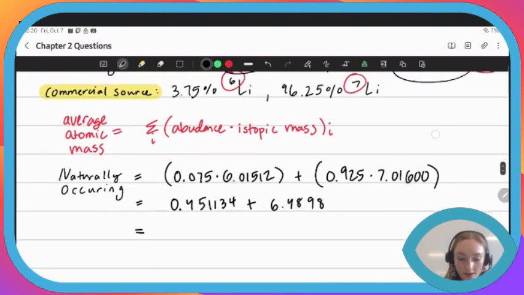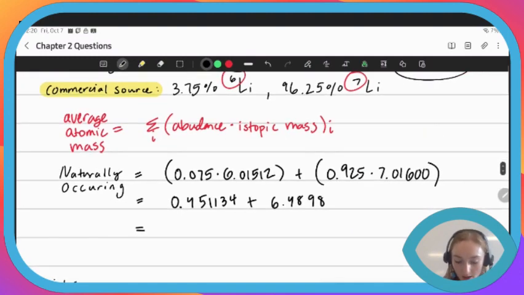Because we're working with 7.5%, and last week we talked about significant figures, that will have 2 sig figs in our final term here. And for 92.5%, that's 3 significant figures. So for this multiplication, we want 3.